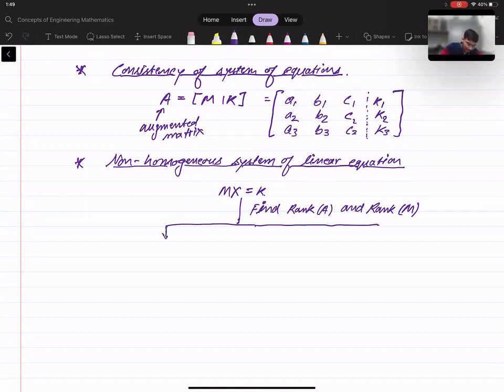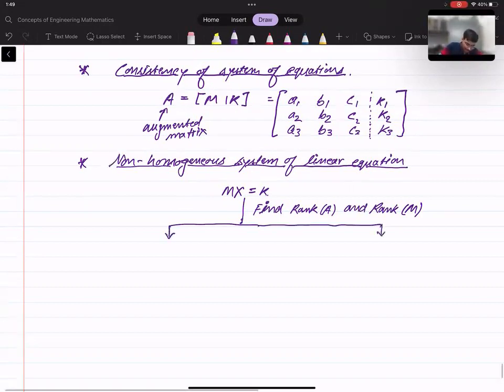The rank of A may not be equal to the rank of M. So in that case, rank of A is not equal to rank of M, and in this case, the system is inconsistent and there will be no solution.